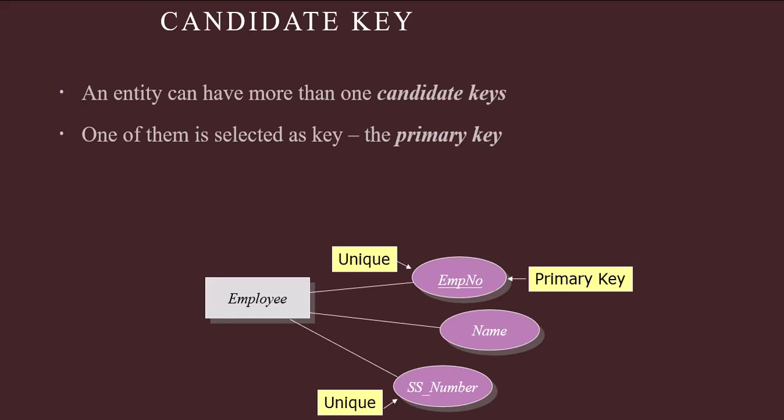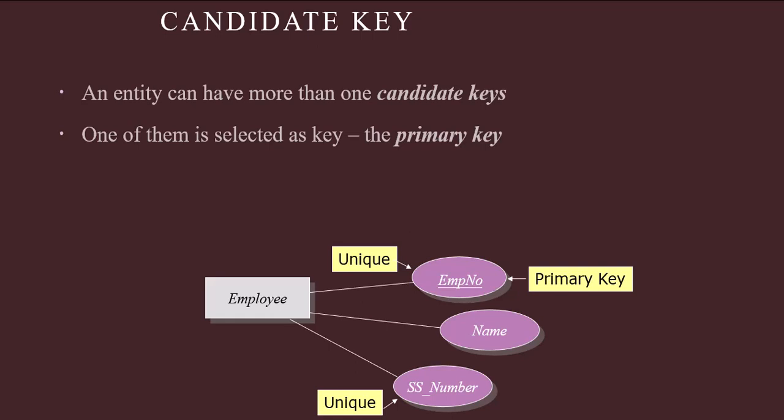So primary key is a single attribute, or it can be a composite attribute, but it must be only one. Means two attributes individually cannot be declared as a candidate for primary key, but the combination of these two can be declared as a primary key.